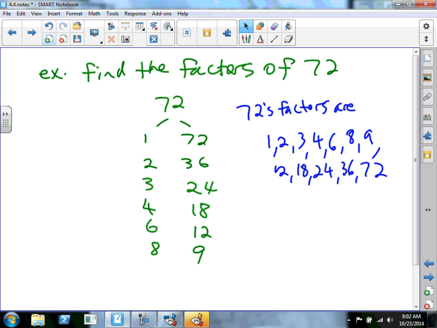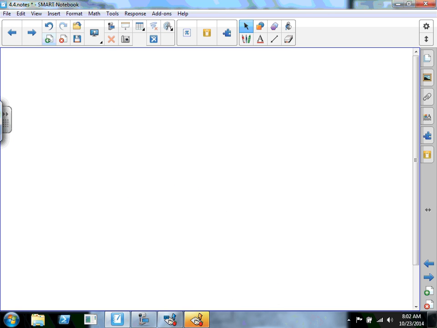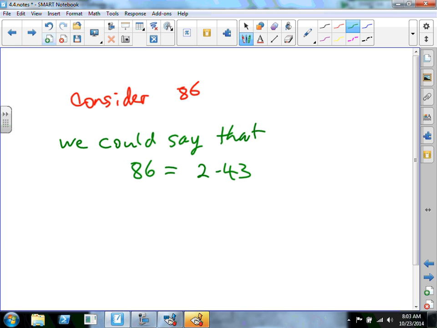Okay. All right. So factoring is dividing. That's what it is. So consider the number 86. If we wanted to rewrite 86, we could say that 86 equals 2 times 43.